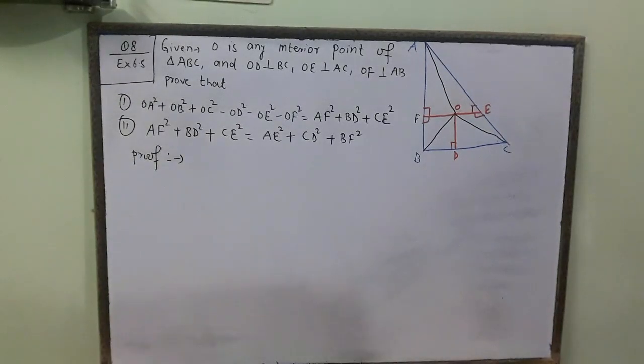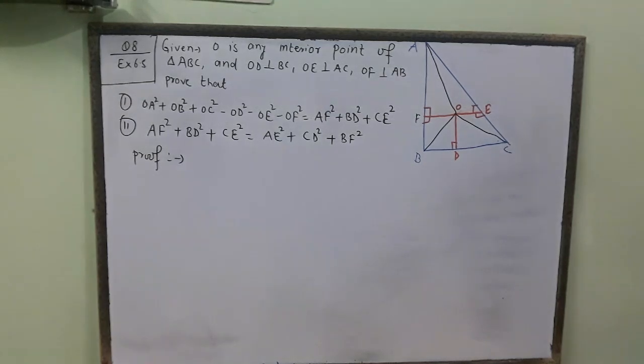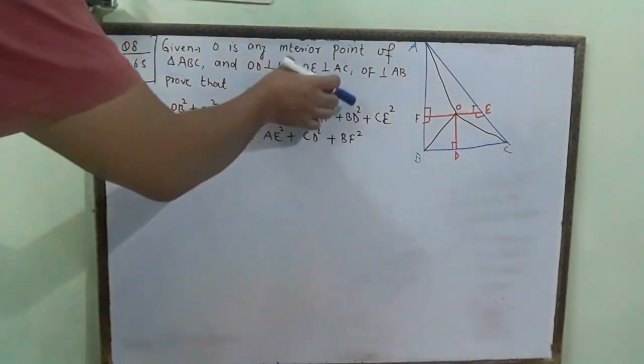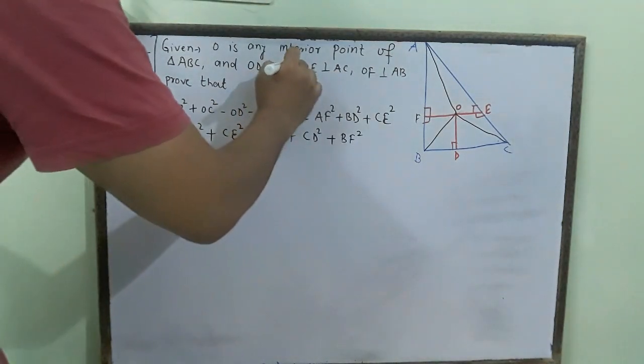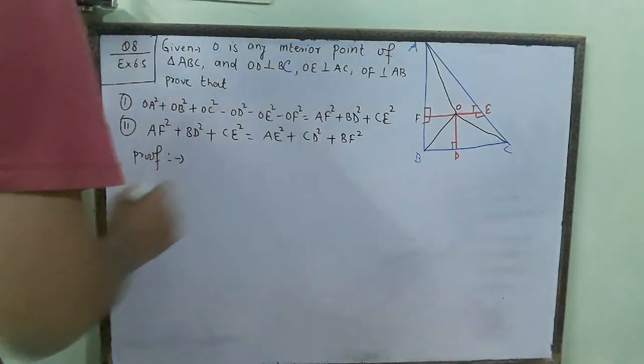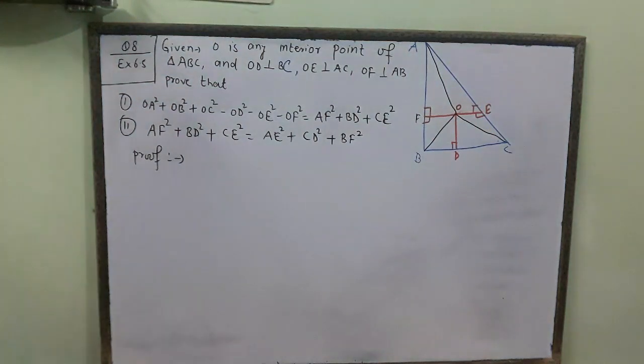See, this is question number 8 of exercise 6.5. In this question, it is given that O is any interior point of triangle ABC, and OD is perpendicular to BC, OE is perpendicular to AC, and OF is perpendicular to AB.